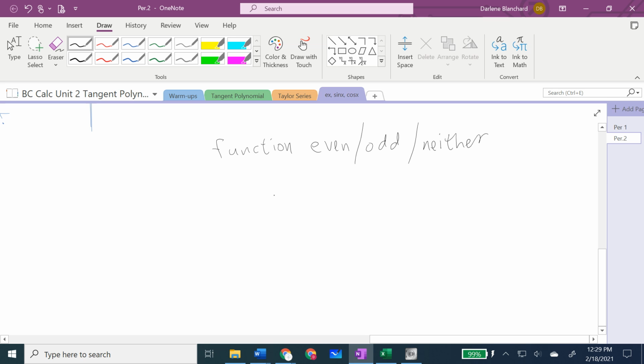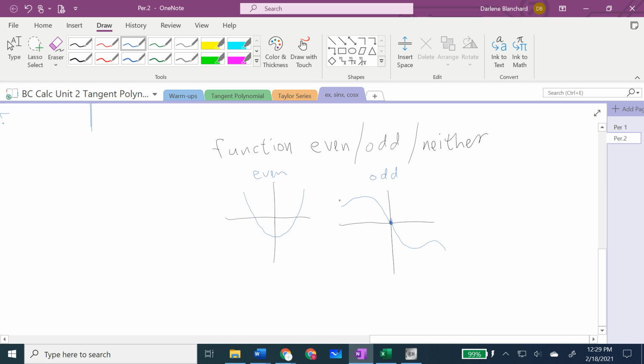Even functions have y-axis symmetry. Odd functions have what's called origin symmetry, which means they go through the origin, and whatever happens with x when it is positive, the opposite signed y value goes with their opposite signed x's.